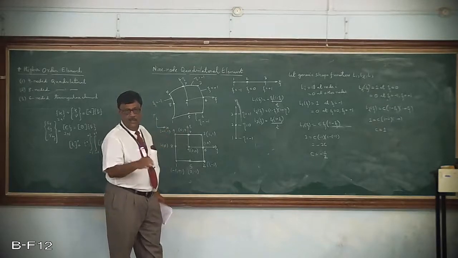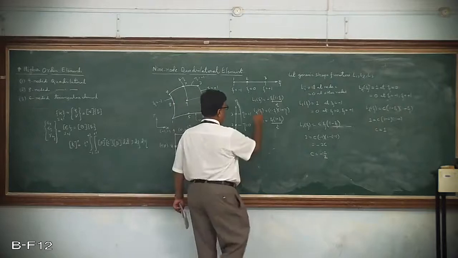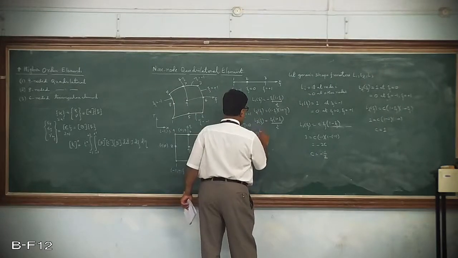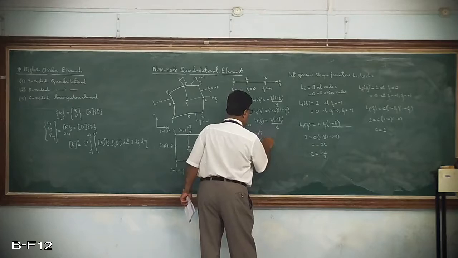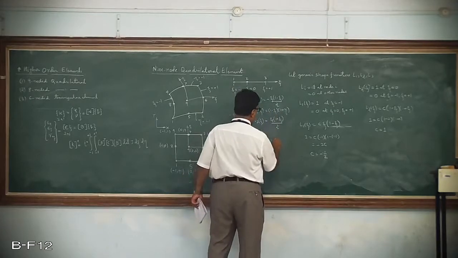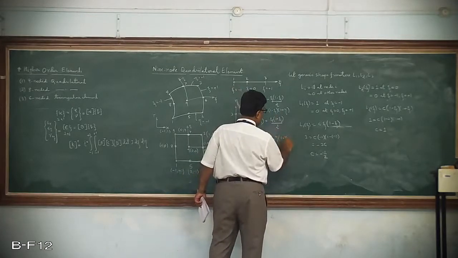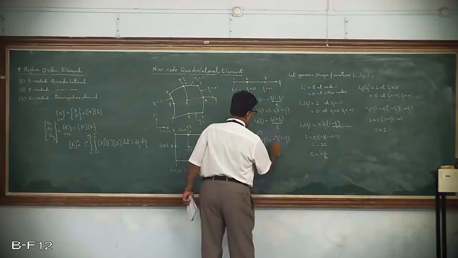Similarly, I can now find the same thing for eta, just replacing zeta. L1 of eta is minus eta, 1 minus eta upon 2.